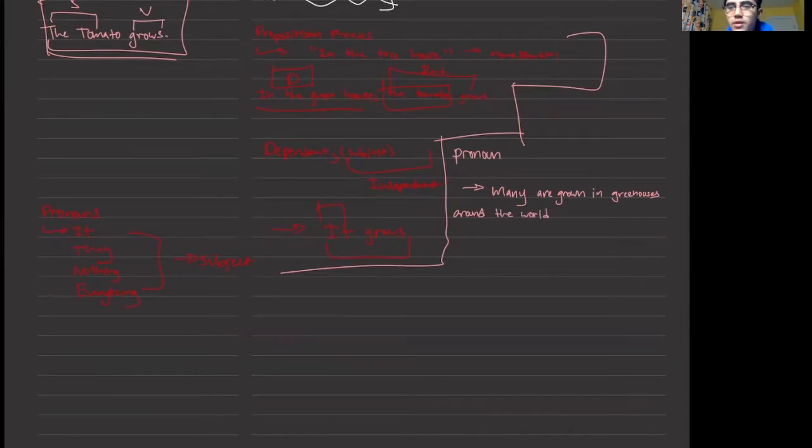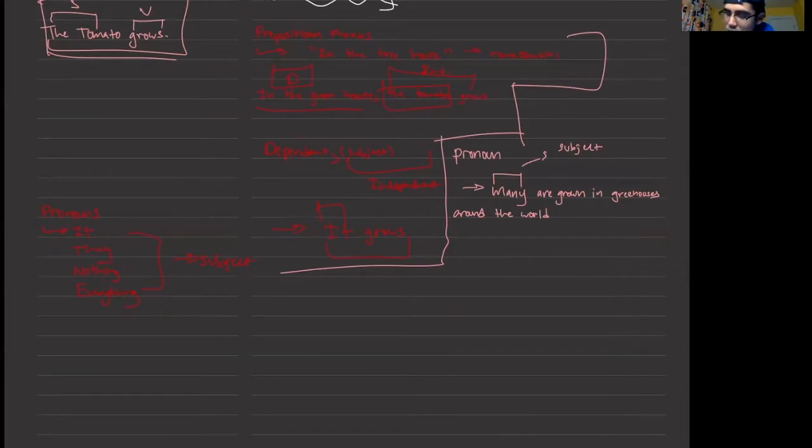It is a sentence, right? Many, right? Many is our subject here. Are is a plural version of to be, are grown in greenhouses around the world. Perfect, right? Because we have our subject, right? Many what? Many tomatoes are grown around the world, right?